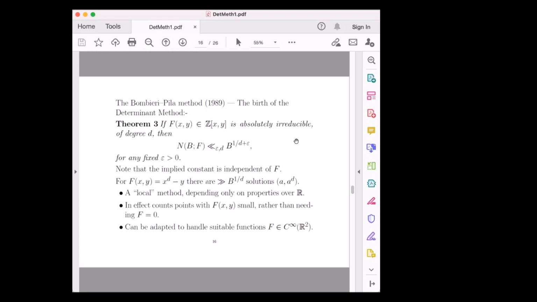So one theorem proved by Bombieri and Pila is the following: if you have an absolutely irreducible polynomial in two variables of degree d, then the counting function grows at most as fast as B to the 1 over d plus epsilon for any fixed positive epsilon. And I need to emphasize that the implied constant here will depend on epsilon and d, but is otherwise independent of f.